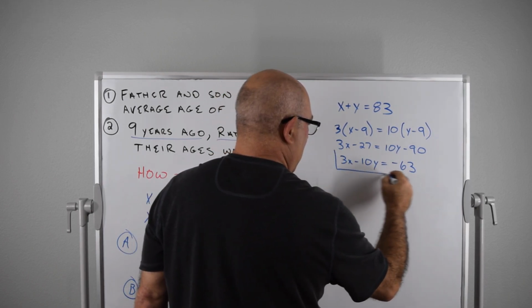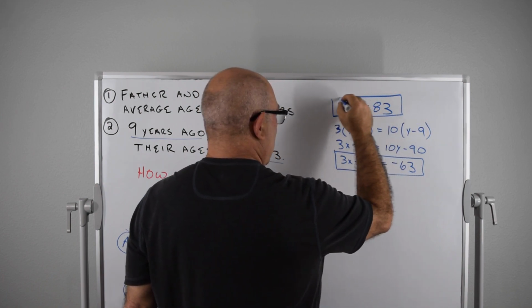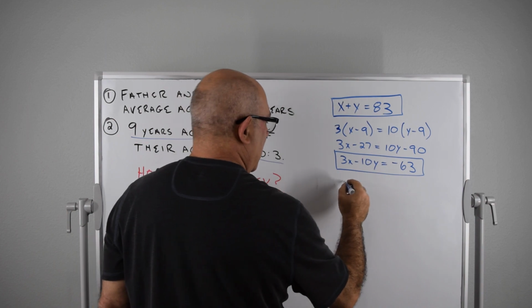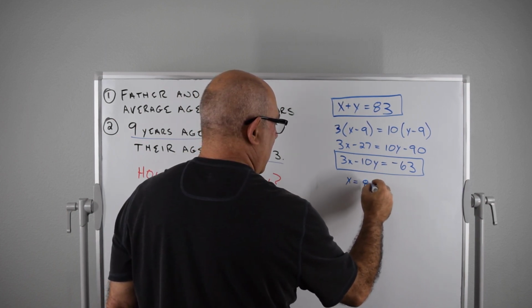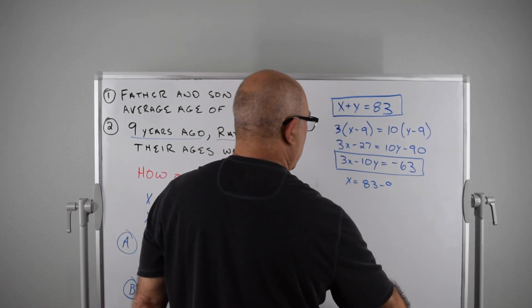So this is one equation, and this is the other equation. Now if we solve the first for x, we will have x equals 83 minus y.